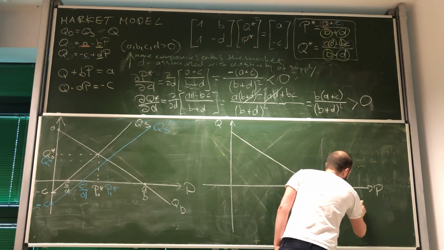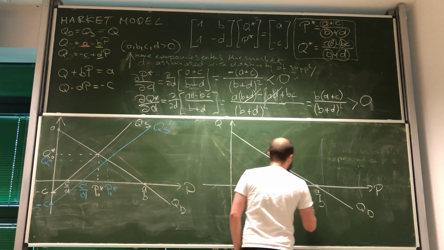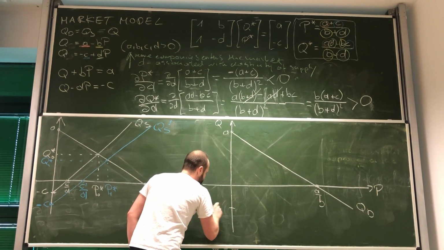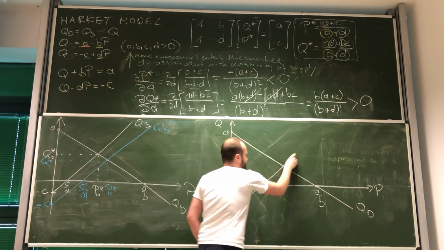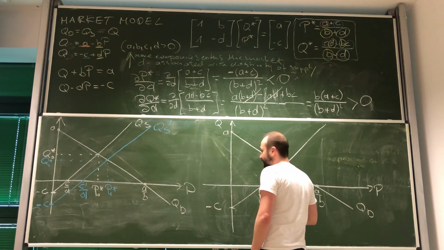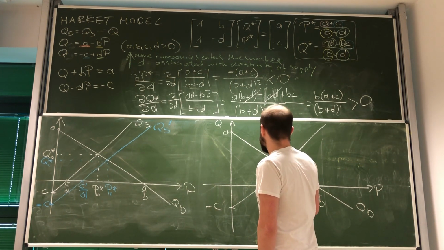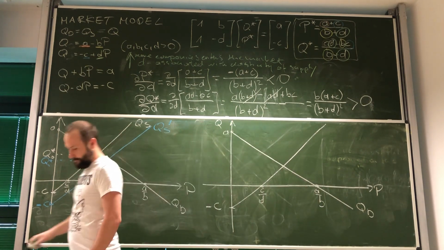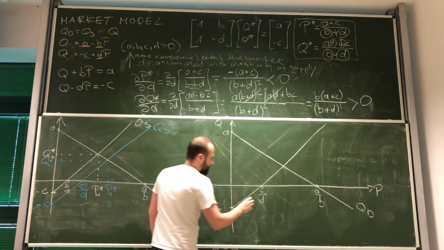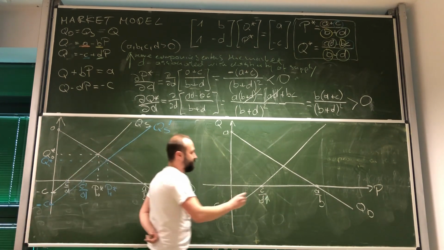So, we are getting QD, here we've got A over B, here we've got A, here we've got negative C, here we've got C over D, and look, now D is getting bigger, right? Of course, we've got some equilibrium.